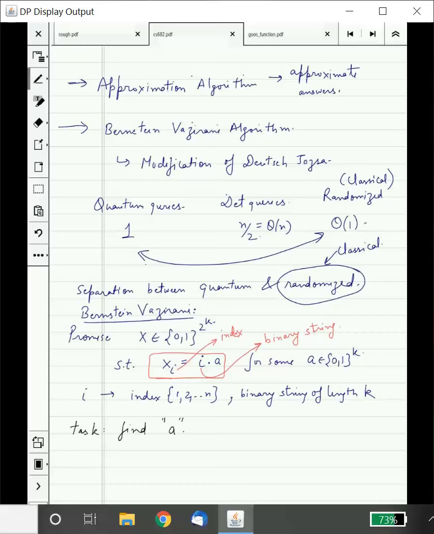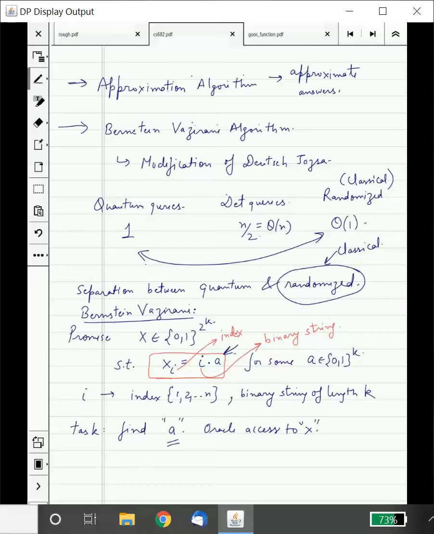We will again have oracle access to x. We can always ask what is the ith bit of x. It will take us one query. We will be charged one query for it, and using the minimum number of queries, we want to figure out a, given that this condition is true.